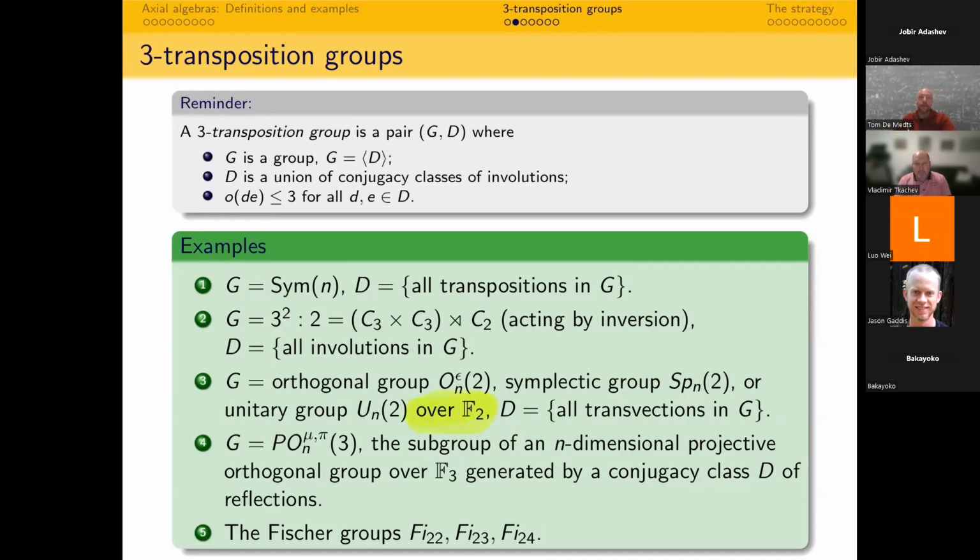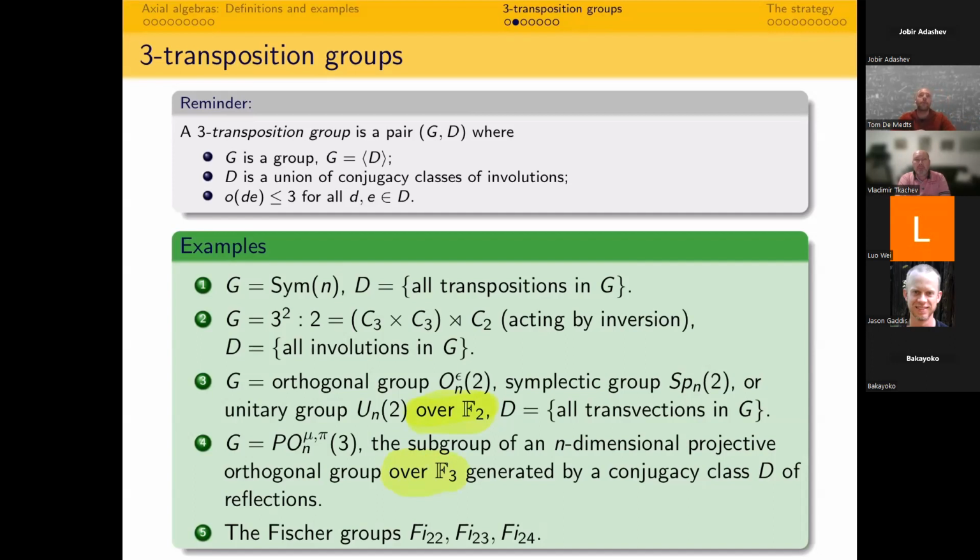Orthogonal groups, symplectic groups, unitary groups. In each case, for D, you take transvections in these groups. In a similar way, and maybe somewhat more surprisingly, you also get examples over the field with 3 elements. Then you have to be more clever in how you get involutions, but you can get them by taking certain reflections.